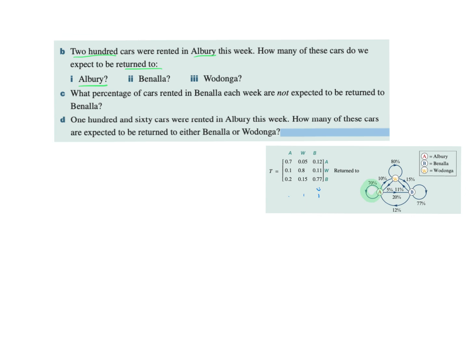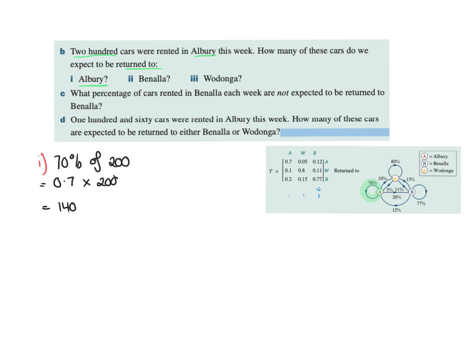So you actually want 70% of that 200 to go back to Albury. When you've got a percentage like that and you say the word of, in mathematics, that means times. So you can just change that to a decimal and times 200, and so then we end up with 140.